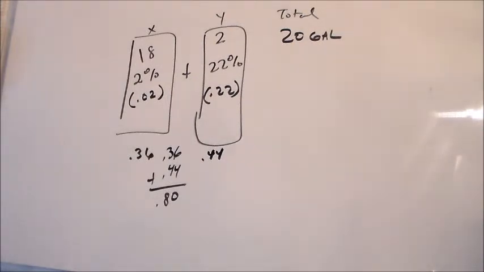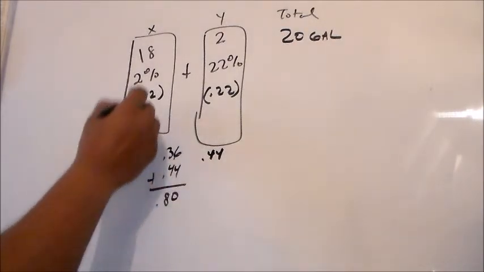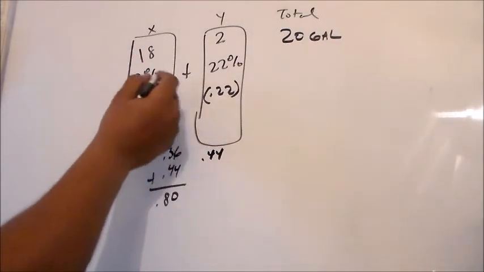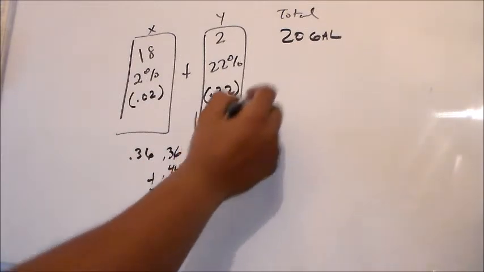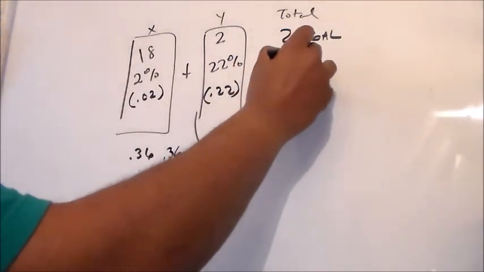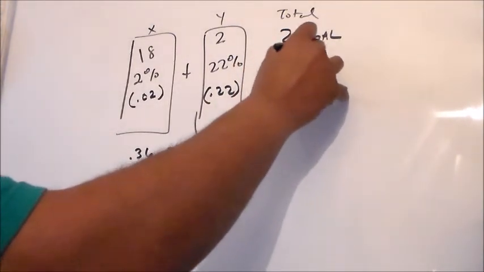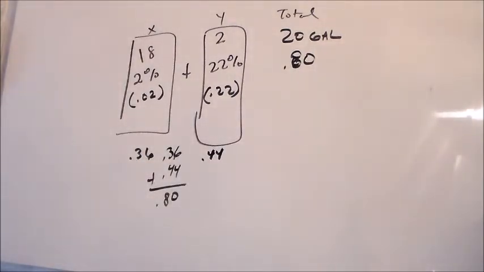So is 0.8 4% of 20 gallons? Because these are the buttermilk fat amounts we looked at, 0.36 and 0.44, totaling 0.80. I can tell you that we're close.